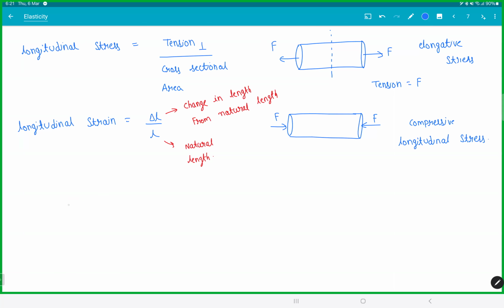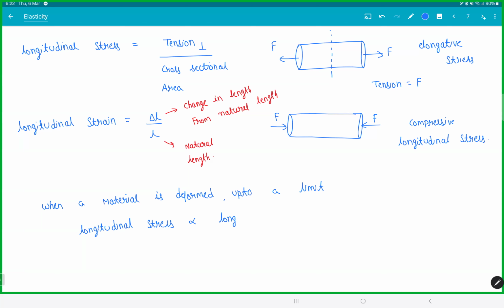So here we define, when a material is deformed up to a limit, the longitudinal stress is proportional to longitudinal strain.